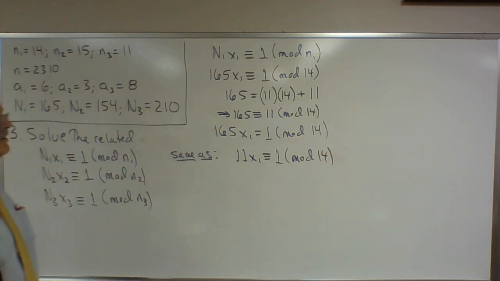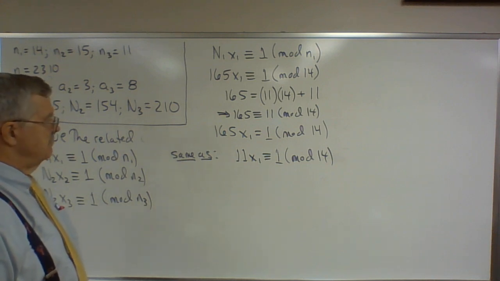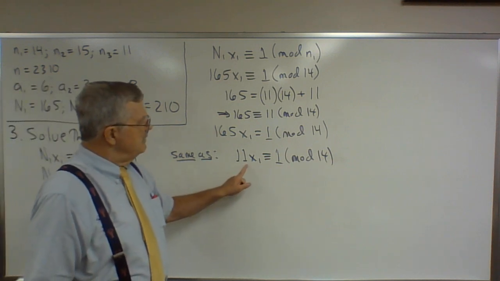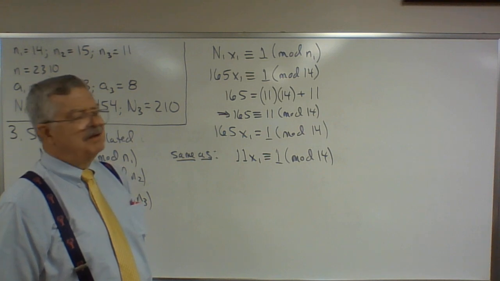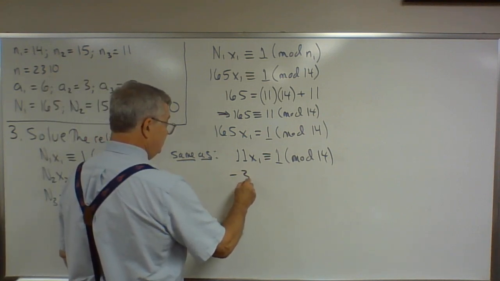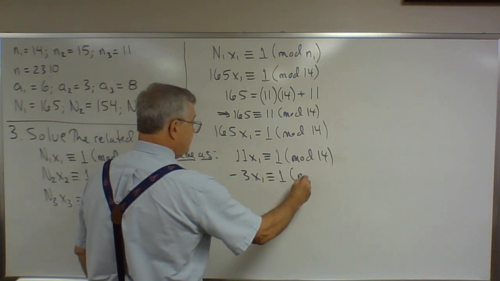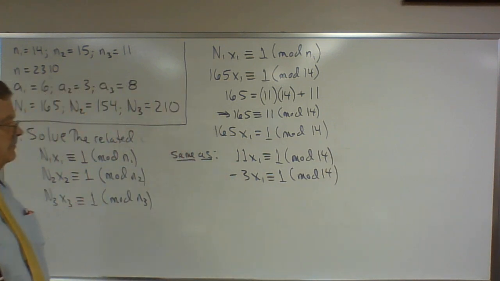And I have to find a solution to this. 11 mod 14 is the same as negative 3 mod 14. So I'm going to write it as negative 3x1 congruent to 1 mod 14.